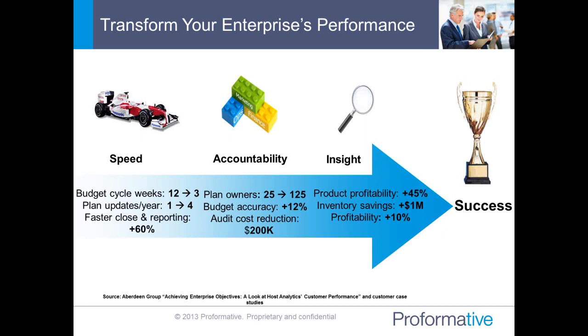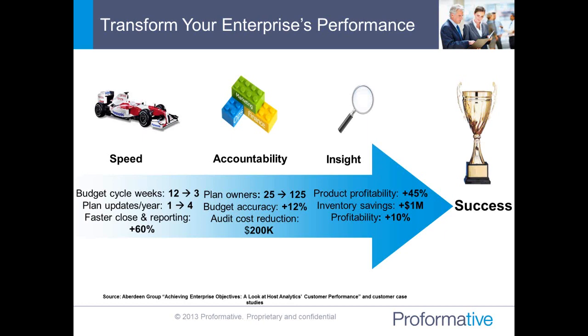Well, what we mean by insight is the users of our system had more visibility into what the numbers meant and what it meant for the company. So in general, people using Host Analytics see a 10% increase in profitability.